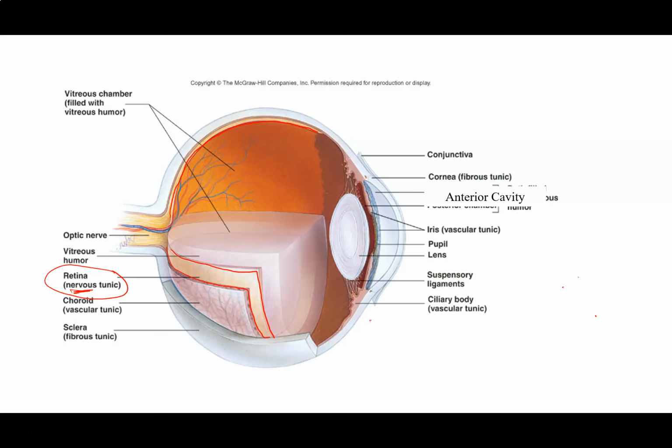The rods and the cones detect light, and the sensory information collected by the rods and the cones is then transmitted by neurons within the retina eventually to the occipital lobe of the brain.